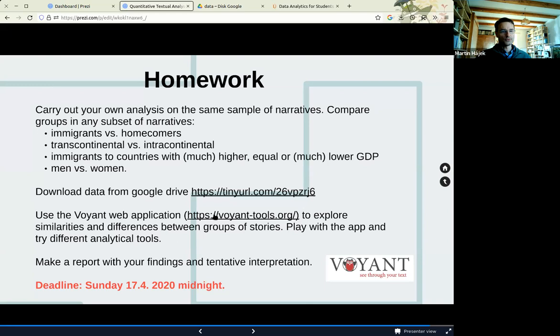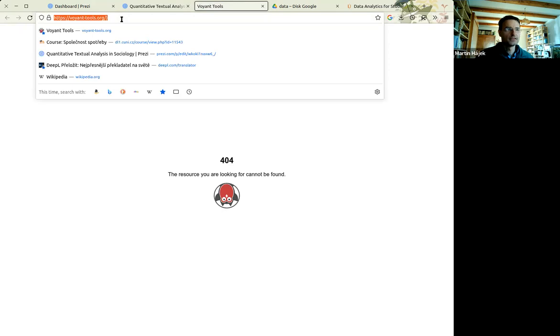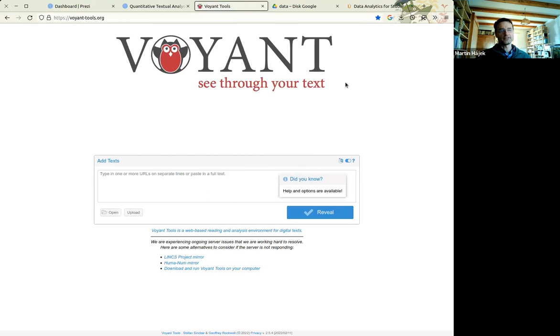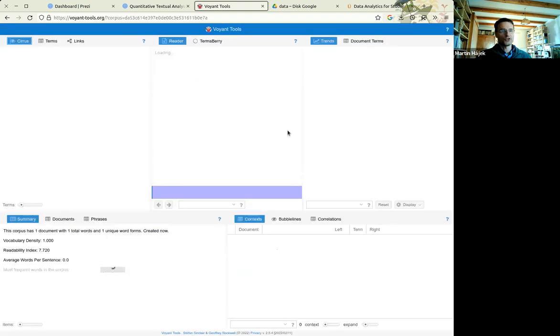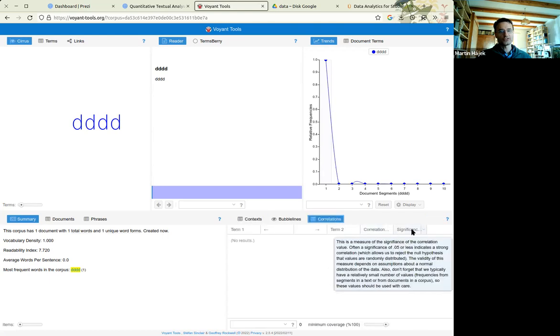I recommend this Voyant toolbox, where you copy or upload the text, and there are various techniques to find frequent terms. This is the word map. There are contexts, bubbles, correlations, and more.